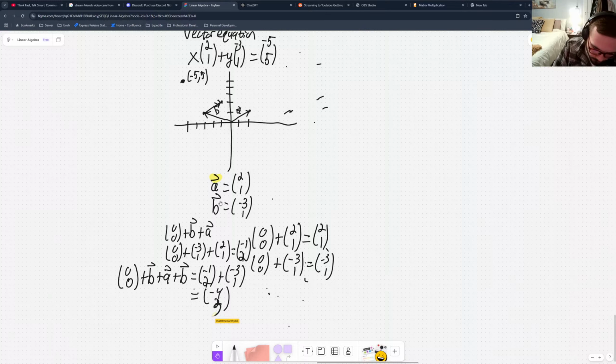Okay. 1, 2, 3, 4, 3. That's another b here. This is negative 4, 3. So now we're at negative 4, 3, and we need to get to negative 5, 5.